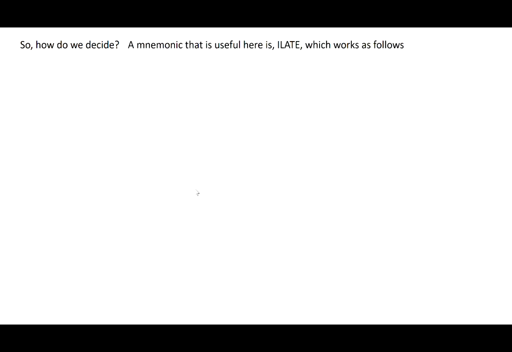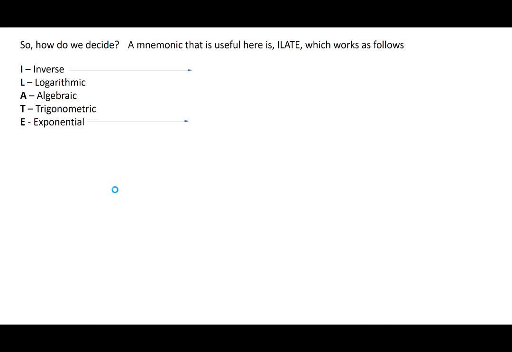And that's we use a mnemonic, ILATE. ILATE is inverse, logarithmic, algebraic, trigonometric, exponential. The way it works is the inverse is the worst choice for dv.